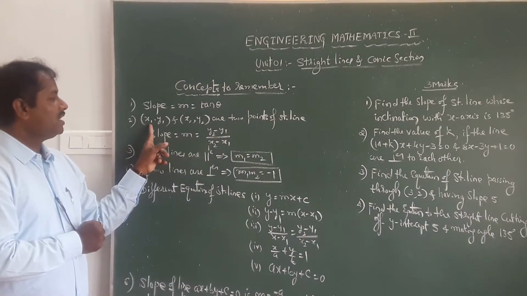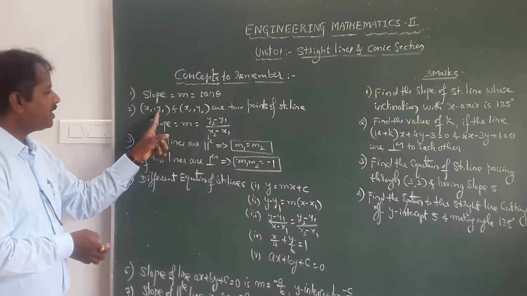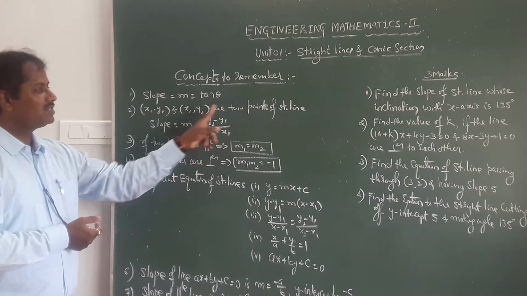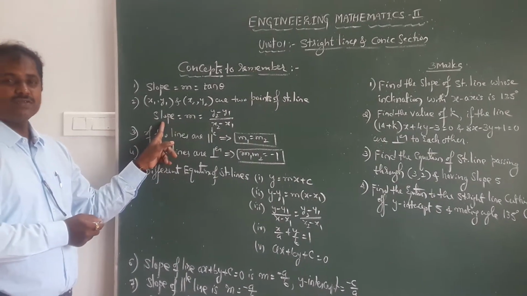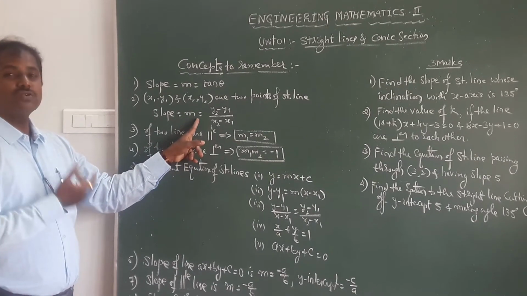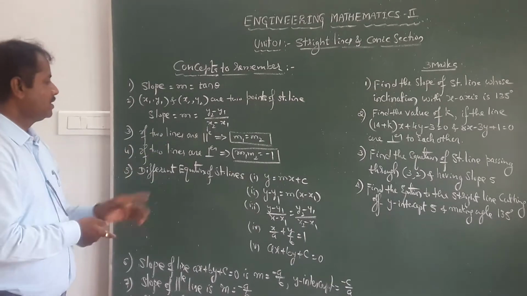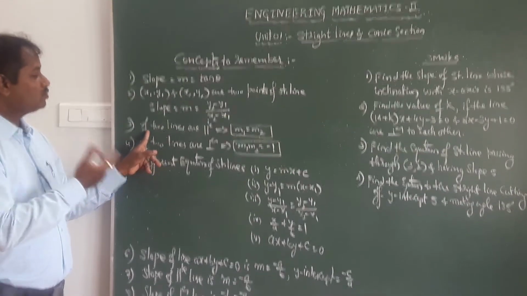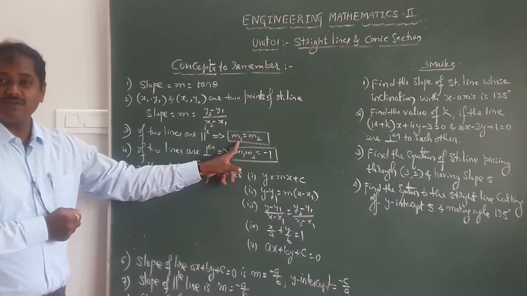So if the 2 points are given, which is x1 y1 and x2 y2, which are the 2 points of a straight line, then its slope can be found out by using the formula m is equal to y2 minus y1 divided by x2 minus x1. So again, if two lines are parallel, then their slopes are always equal.